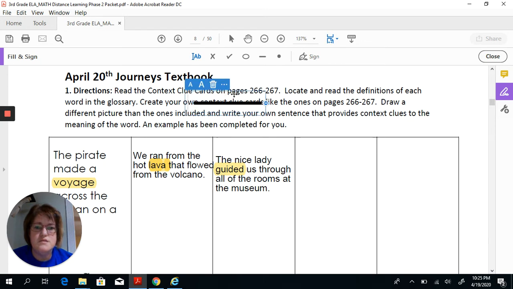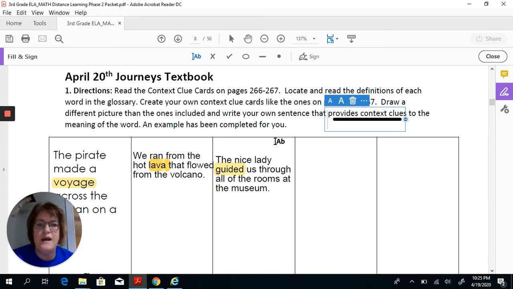Context clues. Okay, so make sure that your sentences let the reader, which will be Miss Clyott, know that you understand what the word means by using it the right way in the sentence.